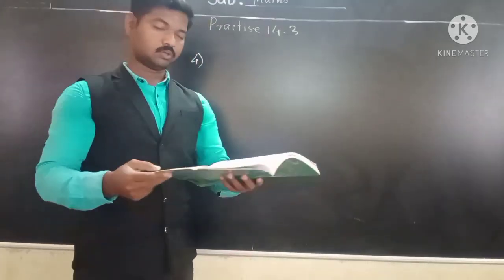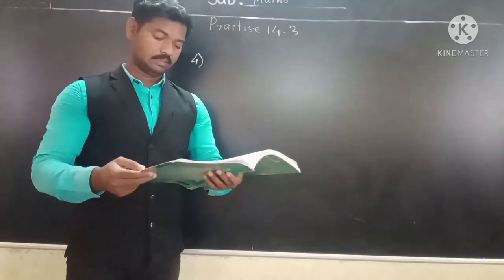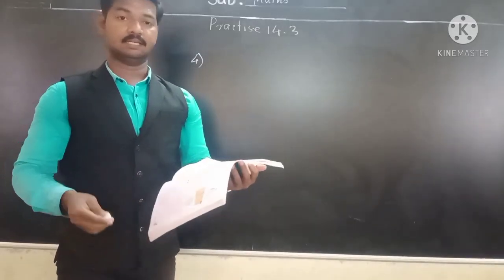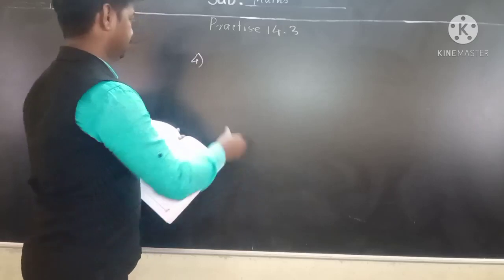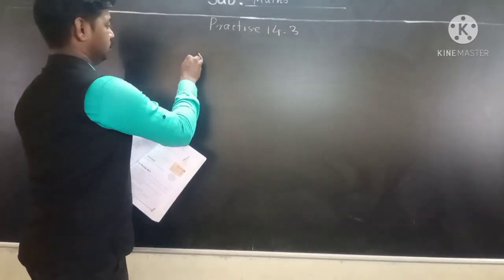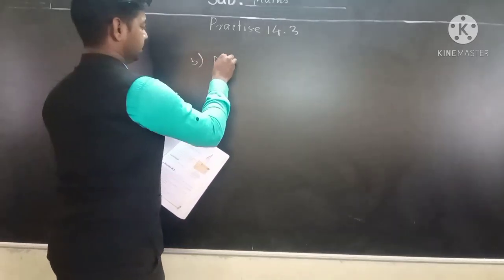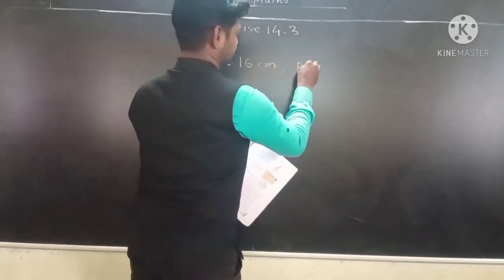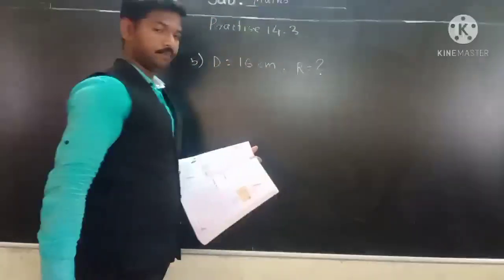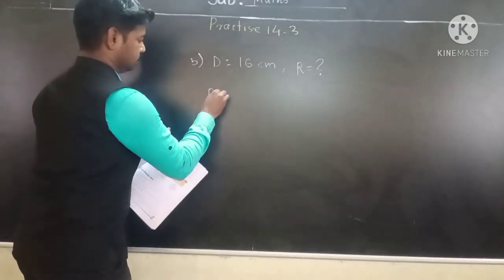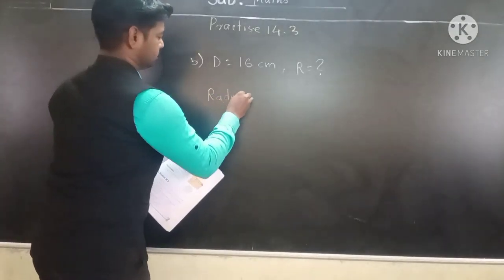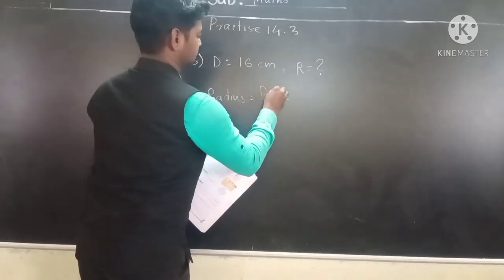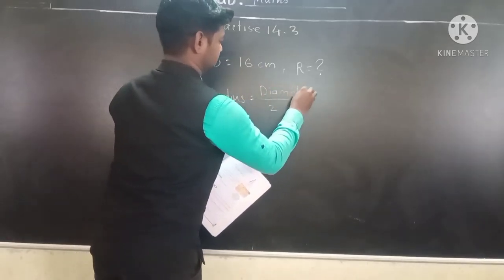Okay. Look at the question. Then question number 5. Diameter of a circle is 16 centimeters. Find its radius. Again, we have to find the radius. Diameter is given there, 16 centimeters, and we have to find the radius. Okay. We know that radius is equal to half of the diameter.